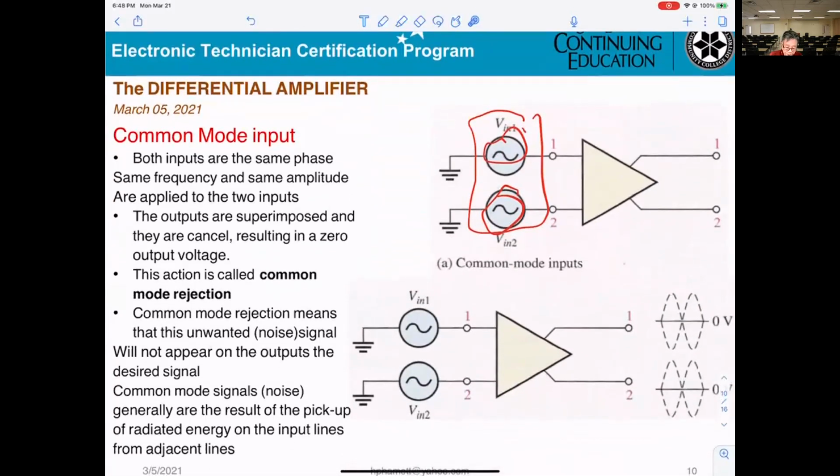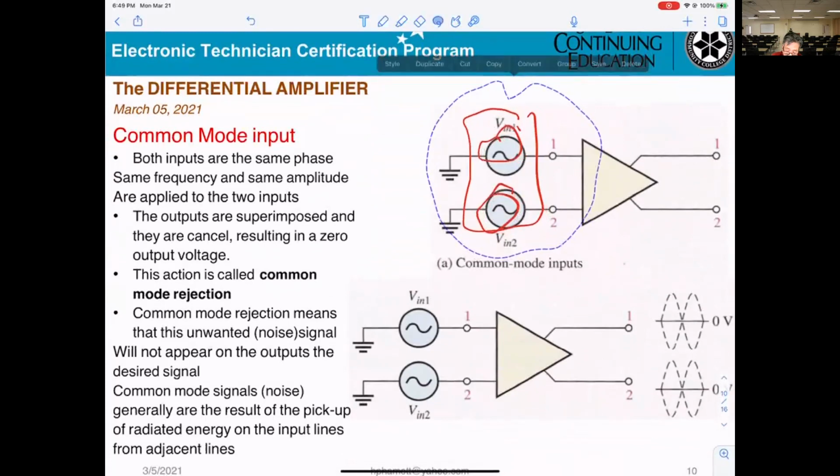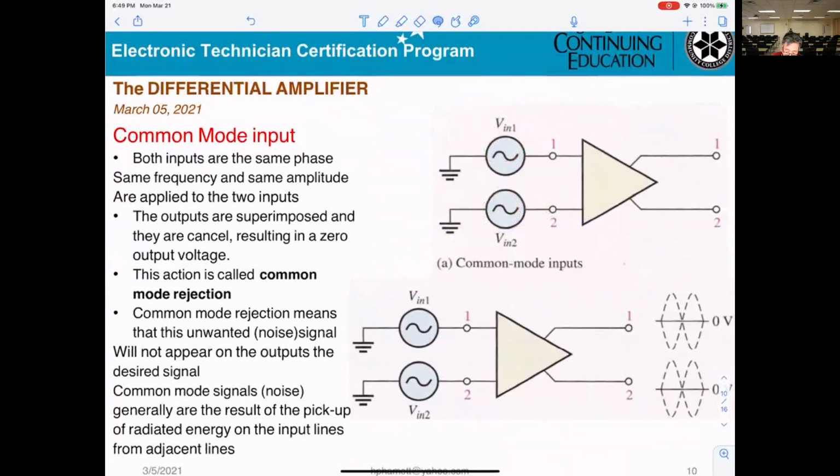Now, on this one, common mode input. Both inputs have the same phase, same frequency, and the same amplitude applied to the two inputs.